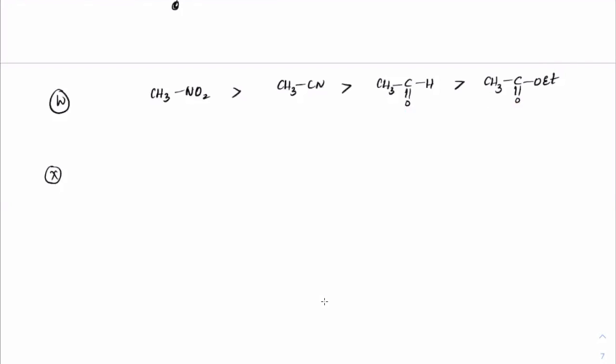Same way, ketones are also better than esters. CH3 C double bond O CH3. This is a keto group, and if you compare that with CH3 C double bond O OEt, correct? And if you compare that with CH3 C double bond O NH2, suppose I'll take this as 1, 2 and 3 to compare.